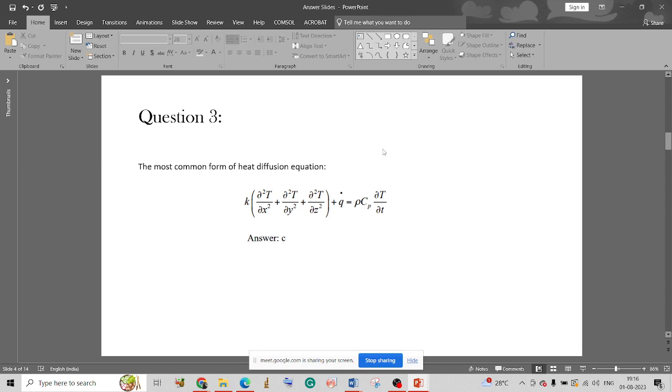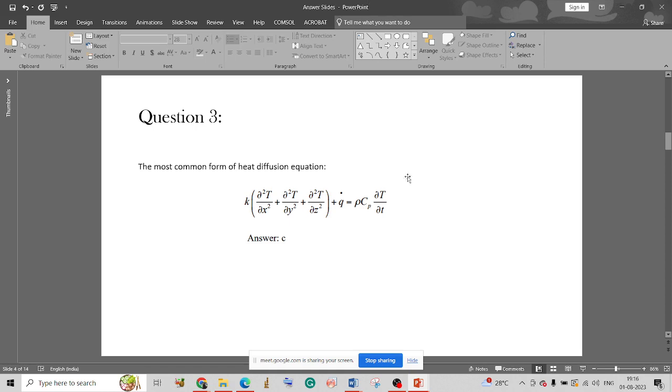So Q dot is the heat generation and rho Cp del T del t, where small t is the time, the temporal variation of temperature.